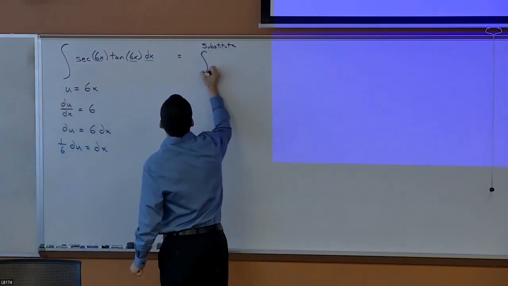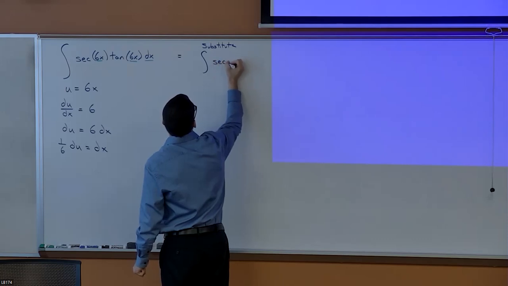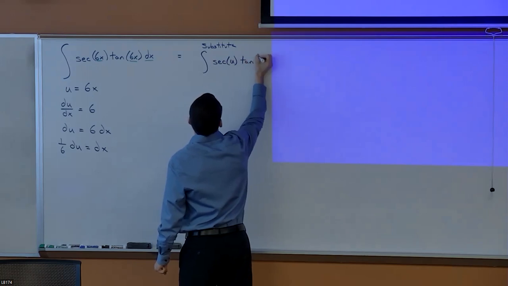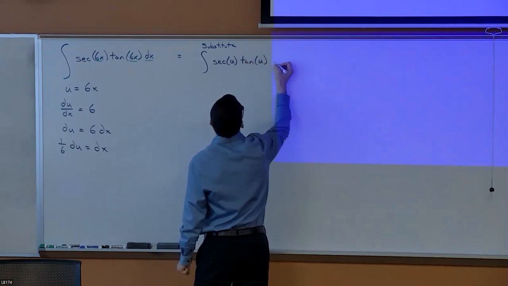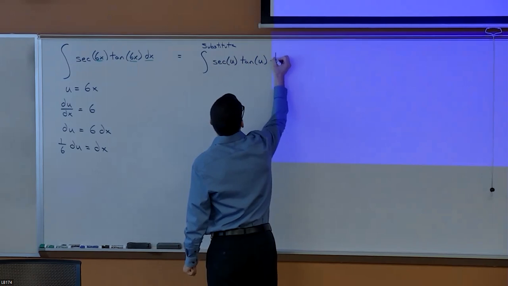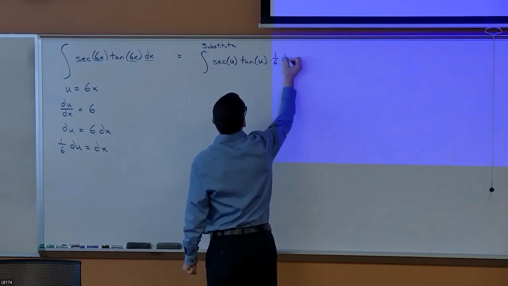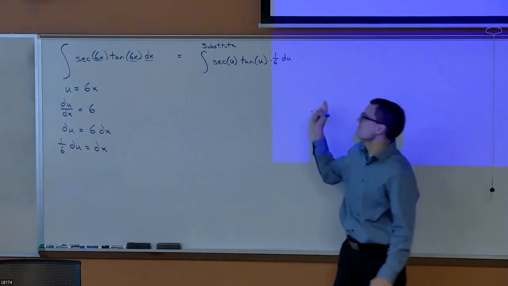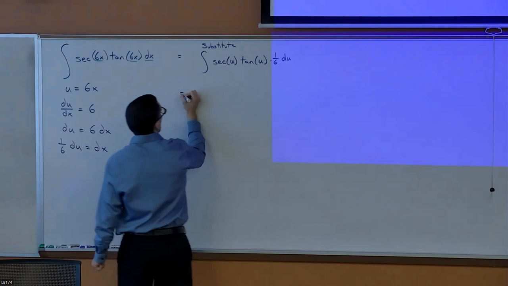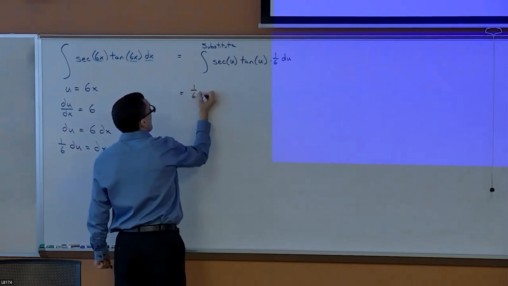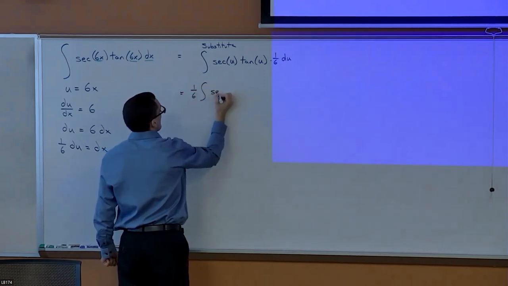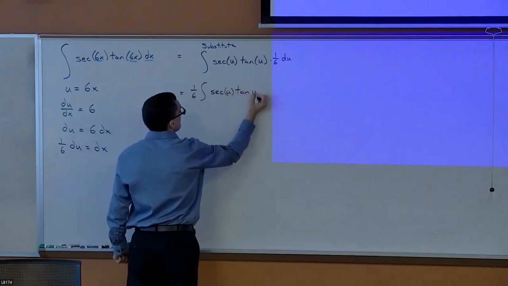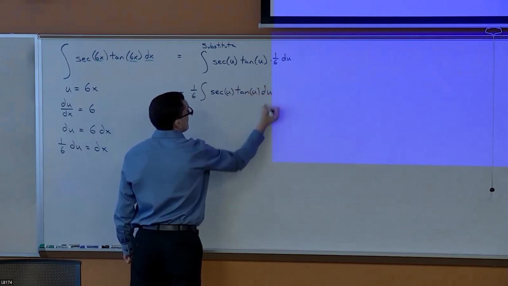So we end up with secant u tangent of u times 1/6 du. The 1/6 can be pulled out front. And we get secant u times tangent u du.